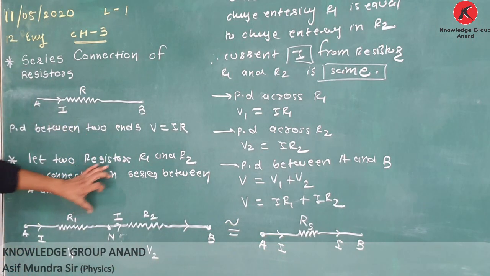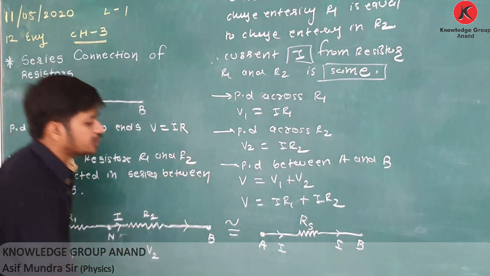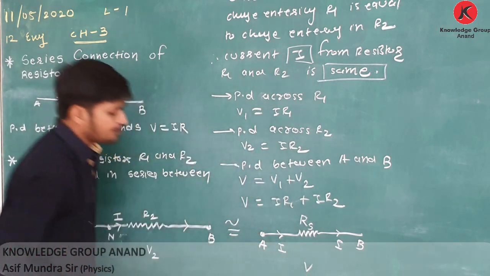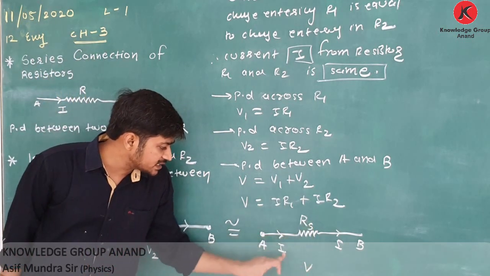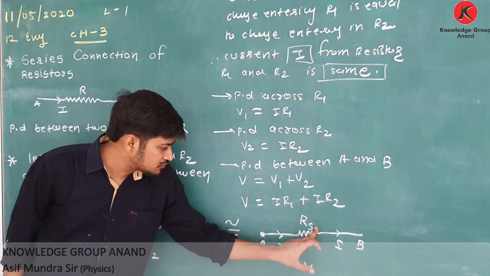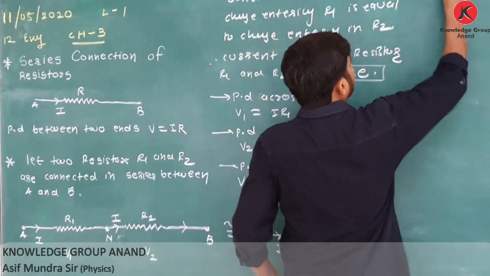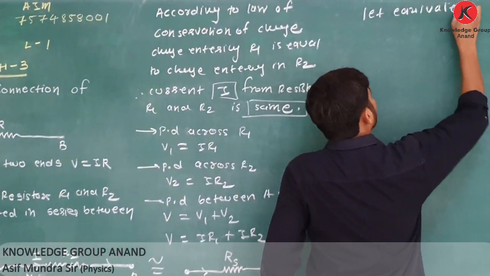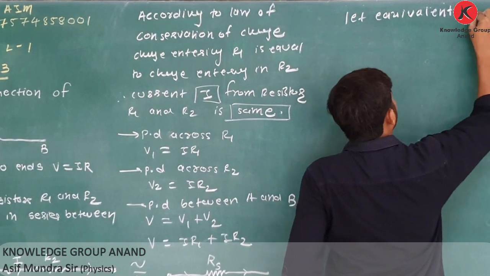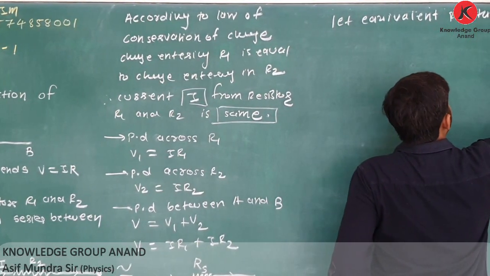This resistor R1 and R2 are replaced by RS. What is potential difference between A and B? It is V. Then according to Ohm's law, what is relation between RS, I and V? Between them relation is, let equivalent resistance between A and B.